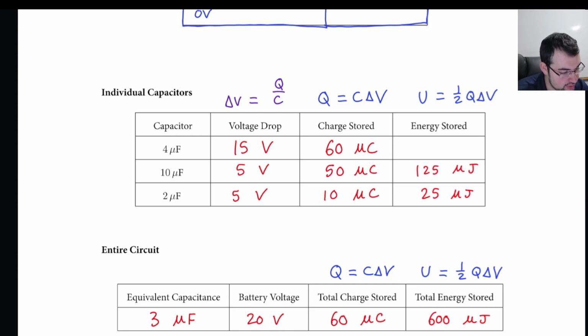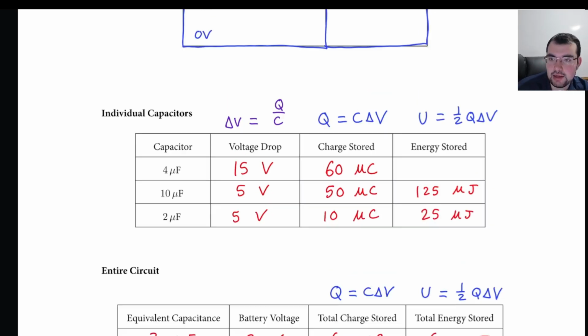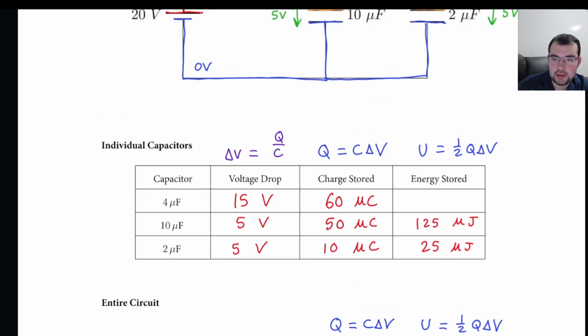And then 1/2 Q delta V for this one is just 6 times that. Or no, it's not. It has a different voltage too. Let's work this out. Gotta think. We gotta lock in with our mental math. All right, 1/2 Q delta V. 1/2 Q is 30. 30 times 15 is 450.